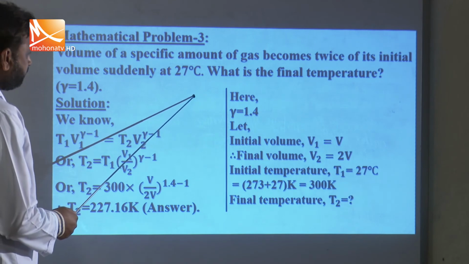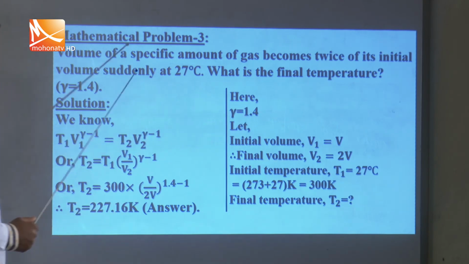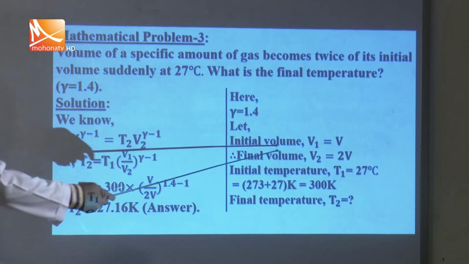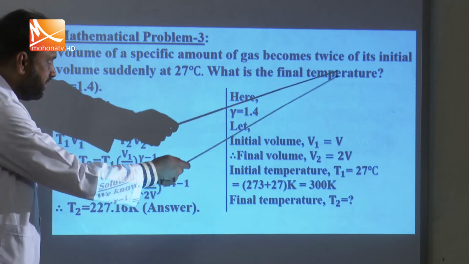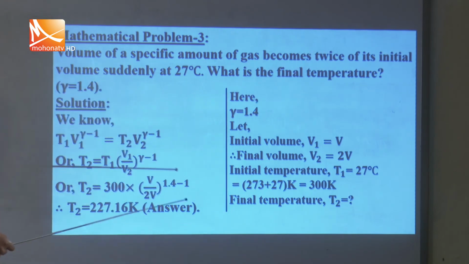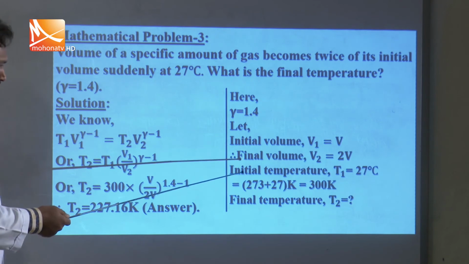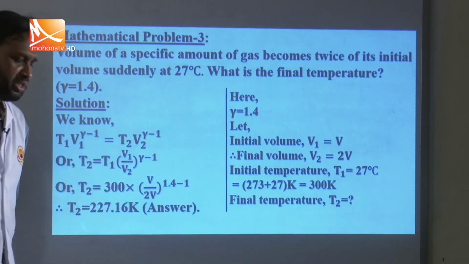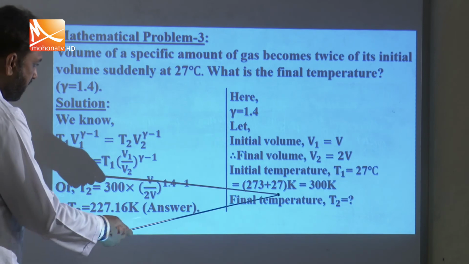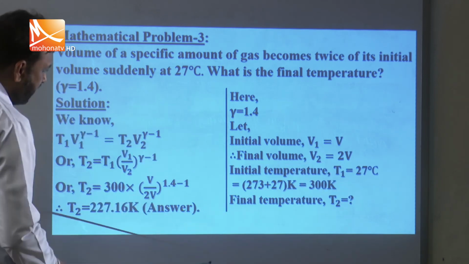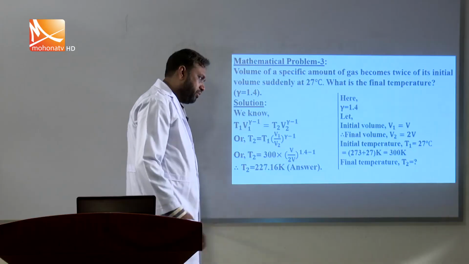Dear students, here gamma equals 1.41, let initial volume V1 equal V and final volume V2 equal 2V, since final volume is twice its initial volume, and initial temperature T1 equals 27 degrees Celsius, and you know 0 degrees Celsius equals 273 Kelvin. So we can write 27 degrees Celsius equals 273 plus 27 Kelvin equals 300 Kelvin. Final temperature T2 equals what?